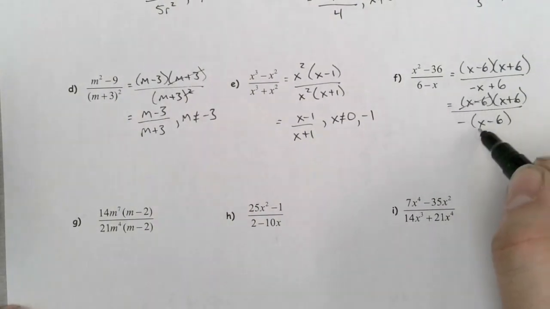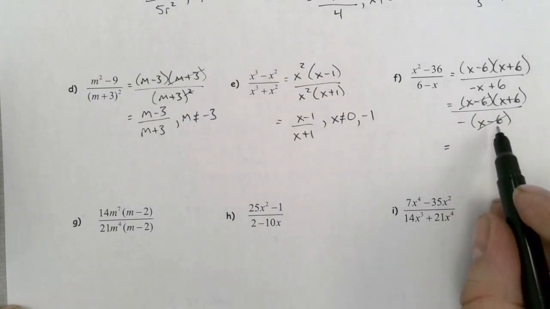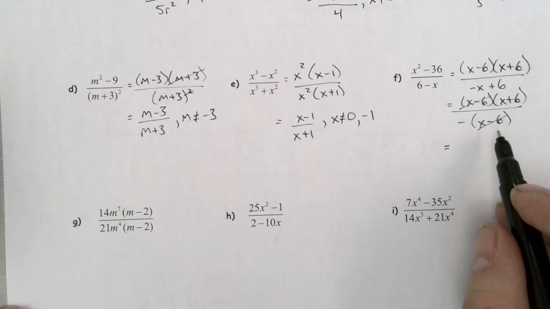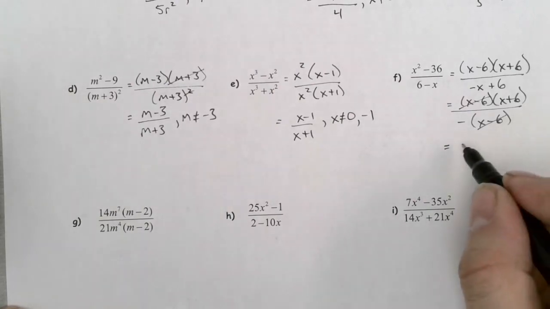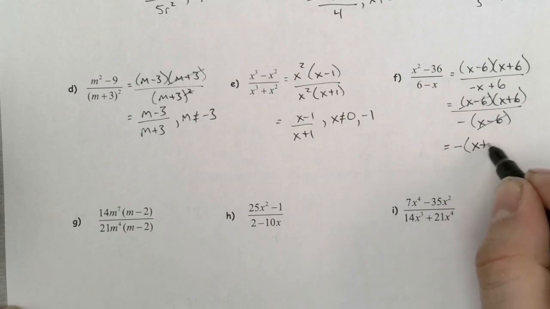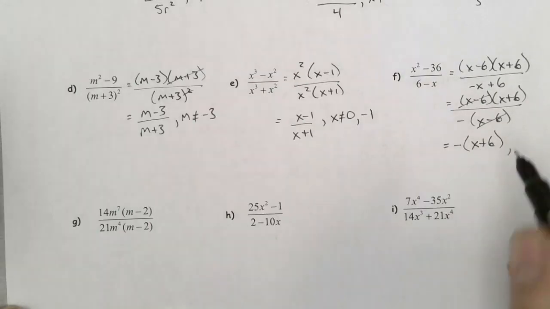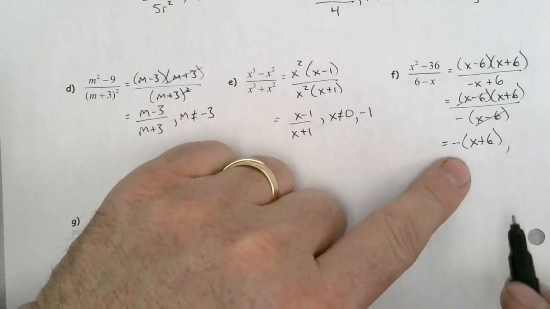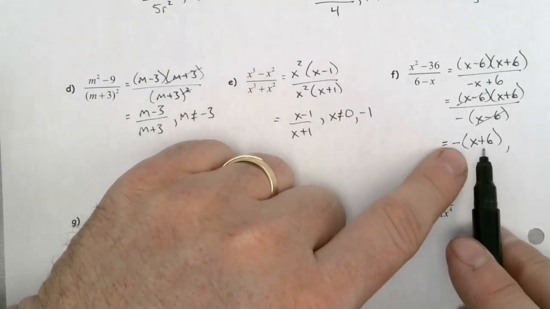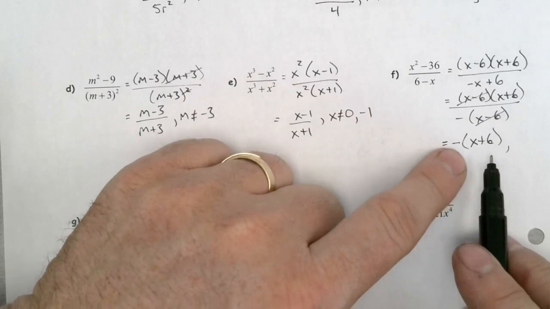So now I can cancel that x minus 6. And actually everything in the denominator canceled there, so it became a 1, so that there is no denominator now. So this is just going to be negative, that negative will move up, x plus 6. And here's a really good example of what I was trying to talk about before. Notice that x plus 6 doesn't have a non-permissible. There is no denominator to go to 0 here.